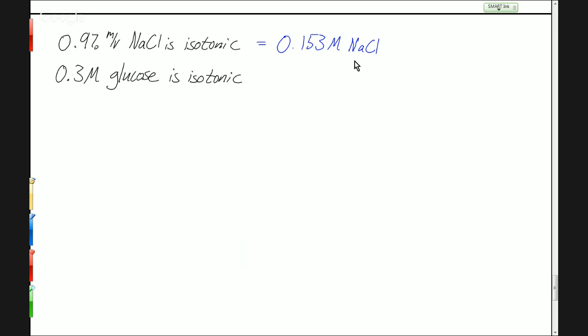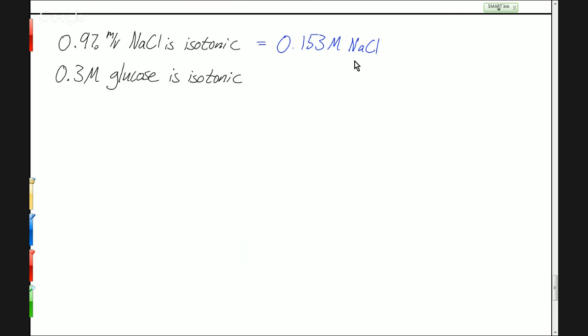So the reason they're the same is that we're using a shorthand assumption here that we really need to think about. When we say a 0.153 molar NaCl solution, the Na and the Cl are not stuck together, right? That's not one particle. That's actually individual sodium ions surrounded by water and individual chloride ions surrounded by water.